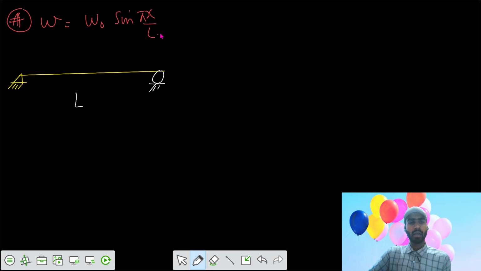First we need to get the loading diagram, how the loading diagram would look like, and after that we need to get the delta max and theta max. But since your loading intensity is a function of sine x, your moment equation becomes difficult.